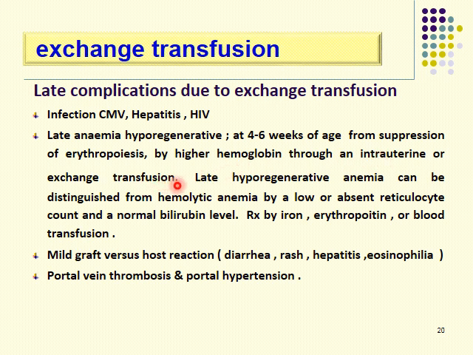Late anemia can be distinguished from hemolytic anemia by low or absent reticulocyte count and normal bilirubin level. Treatment by iron, erythropoietin, or blood transfusion accordingly.